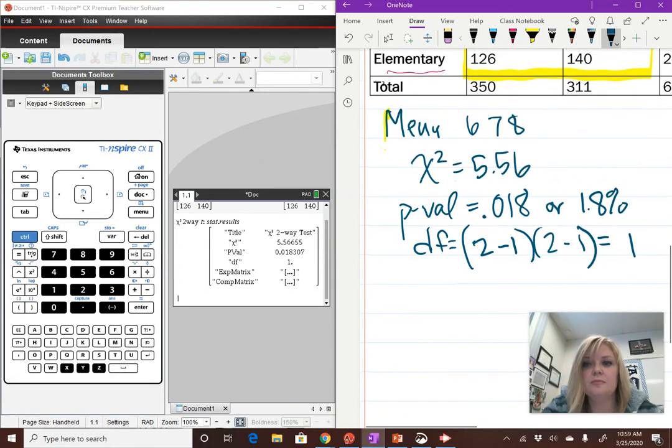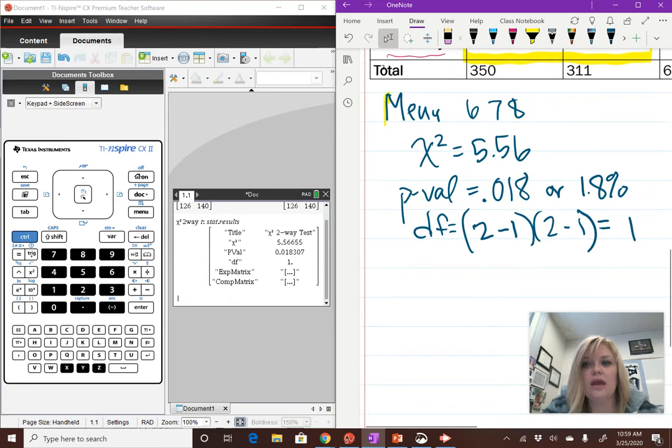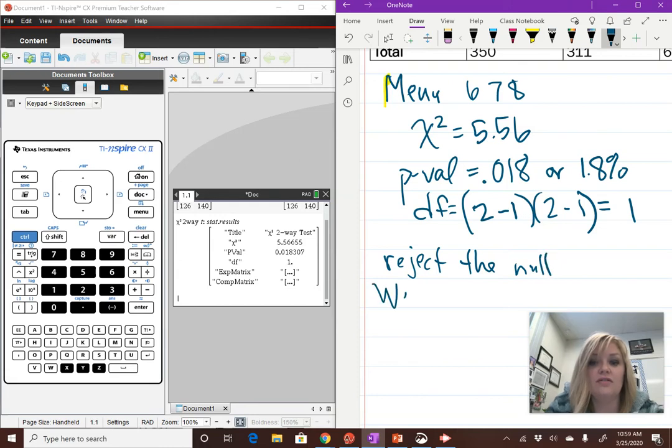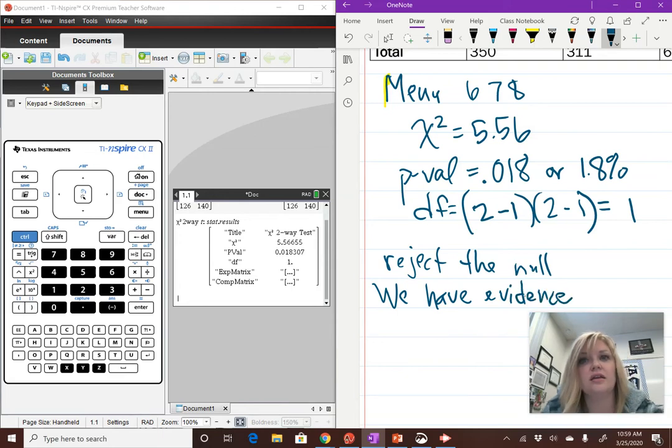Okay, so then we can conclude the p-value is less than our level of significance, which is the 5% that we have been referring to. So since it's less than 5%, we are going to reject the null. And that means we have evidence of what? The null was saying that teaching level and job satisfaction are independent, which means they don't influence each other.